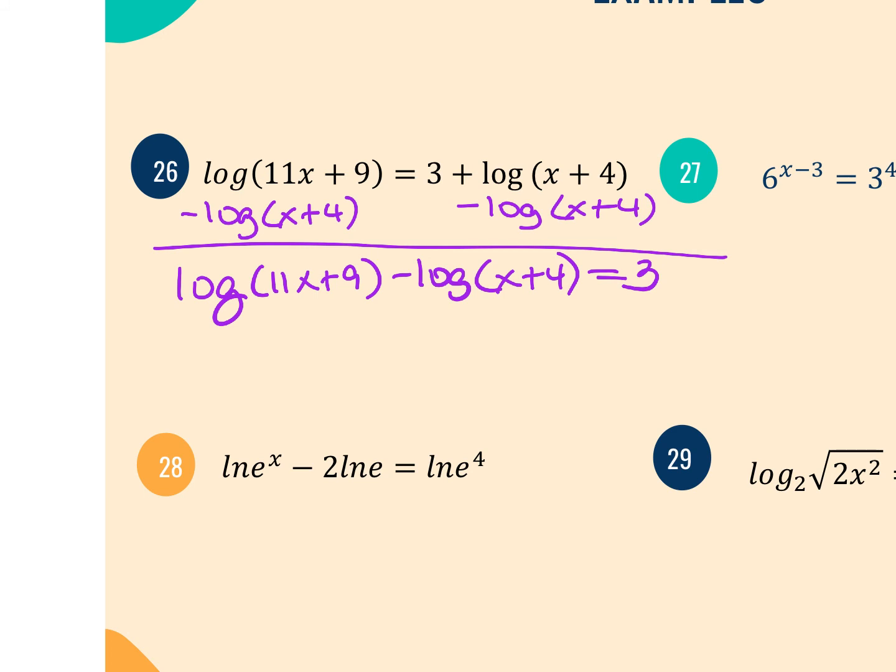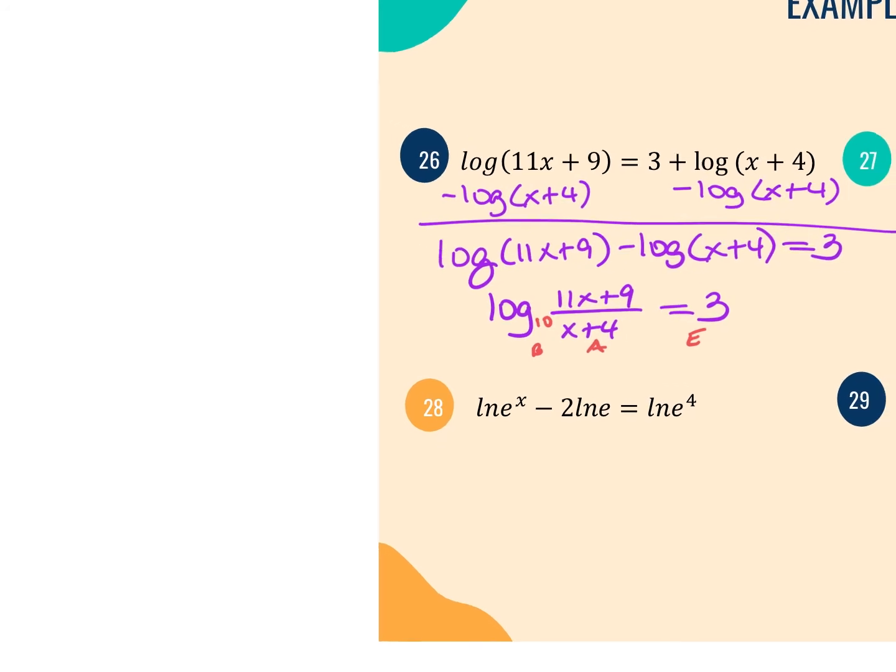So then now what I'm going to do is use my quotient property and condense this. So log of 11x plus 9 over x plus 4 equals 3. Now I can go ahead and convert it to exponential. Again, remember you're assuming this has a little 10 here. So if you do your Bay trick, let me come over here to the side so I have a lot of room.